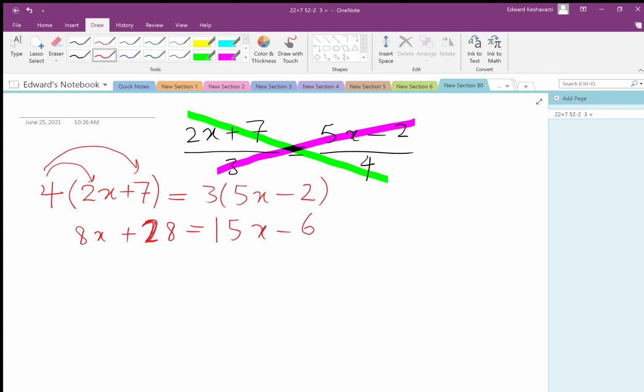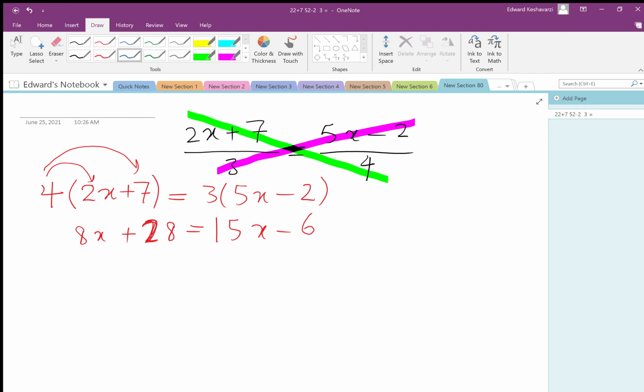In this example, I want to move variables to the right-hand side, because as I said before, it doesn't matter which side you move your variables or numbers. The only thing that matters here is that variables should be on one hand side and numbers on the other hand side.